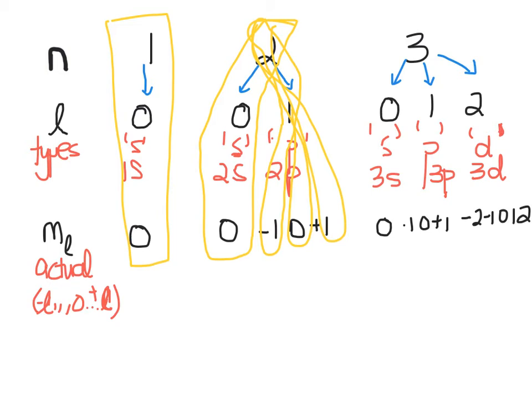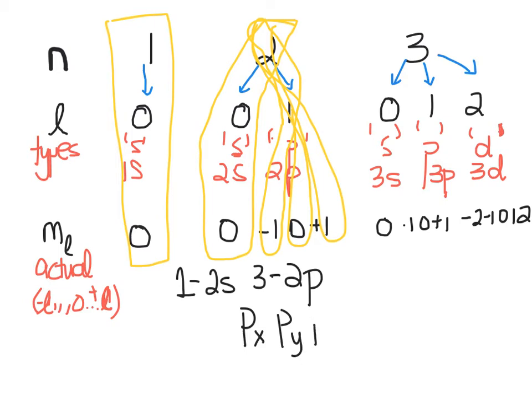We have one 2s orbital, but then we have 3 2p orbitals. We have a p in the x-axis, a p in the y-axis, and a p orbital in the z-axis. So there's your n squared actual orbitals. There's your 4 orbitals, an s orbital and 3 p orbitals.